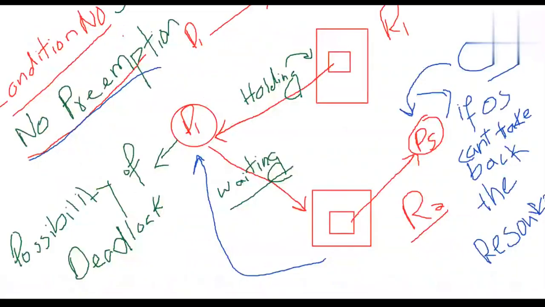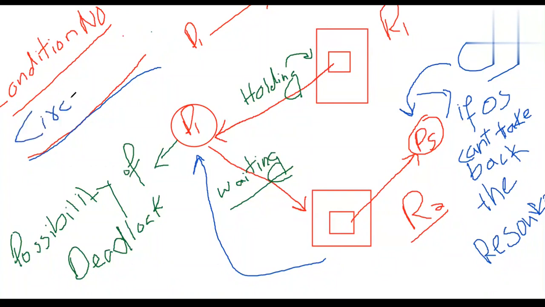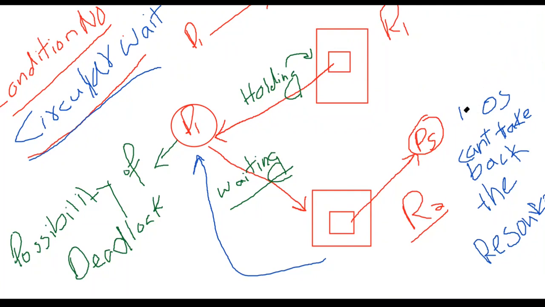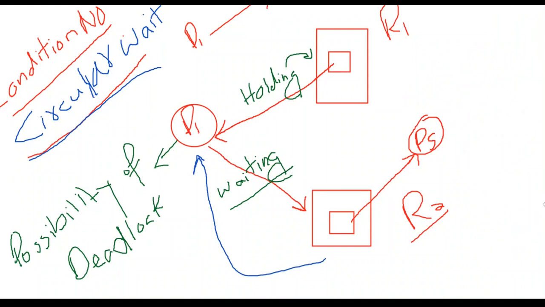Okay guys, I will use the same diagram, okay? So it's condition 4. And condition 4 is what? Condition 4 is circular wait, okay?